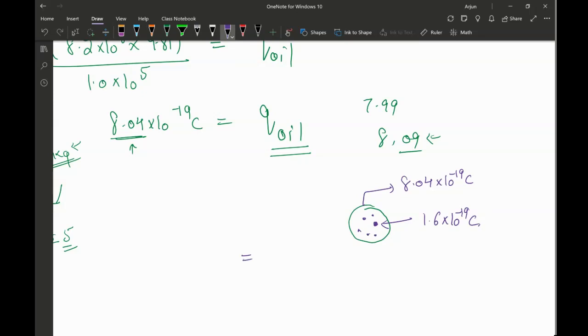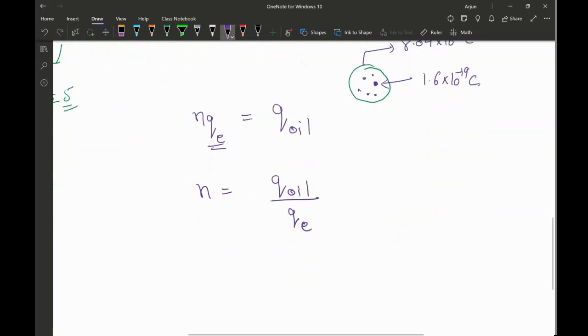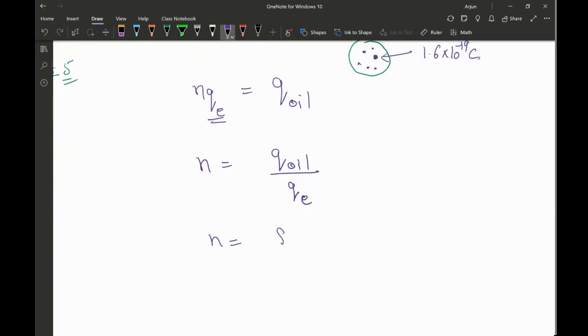N times QE, the charge of the electron, equals the total charge on the oil droplet. So N is Q oil divided by QE, which is 8.04 times 10 raised to the power negative 19 divided by 1.6 times 10 raised to the power negative 19.